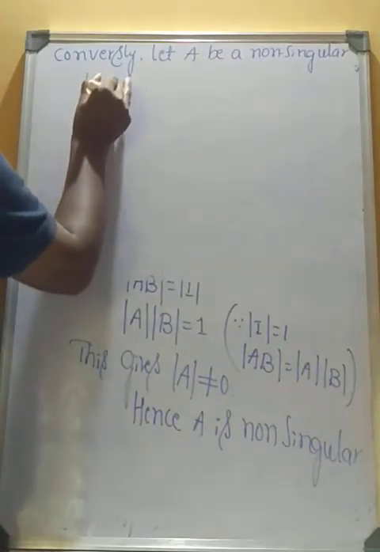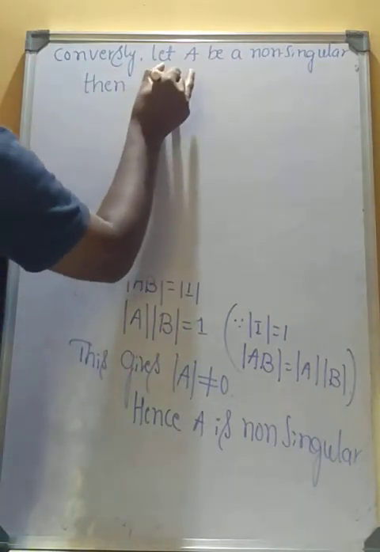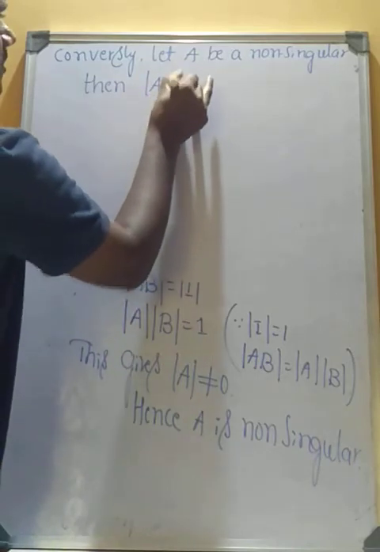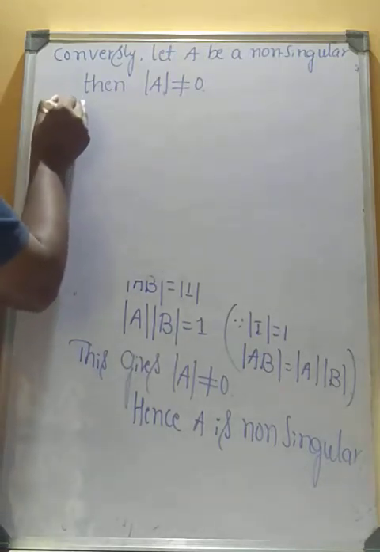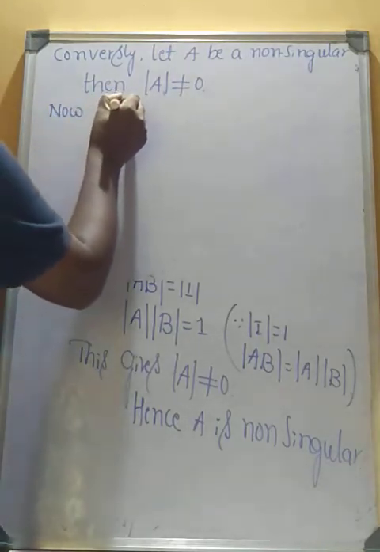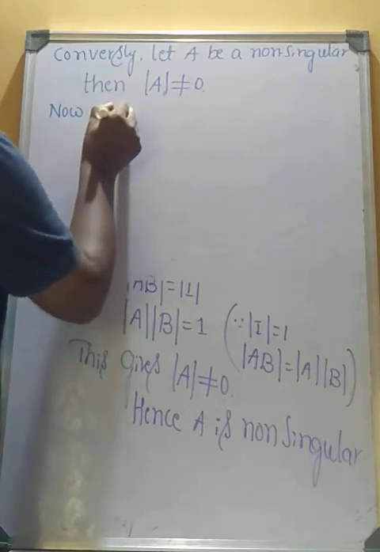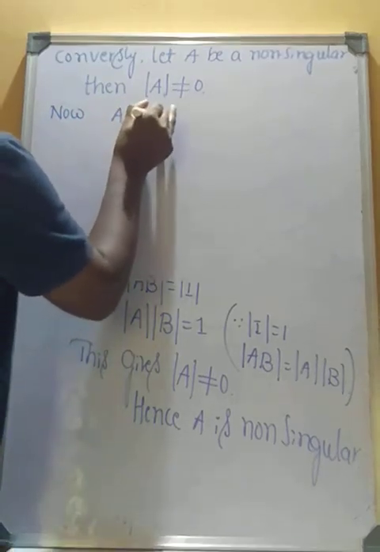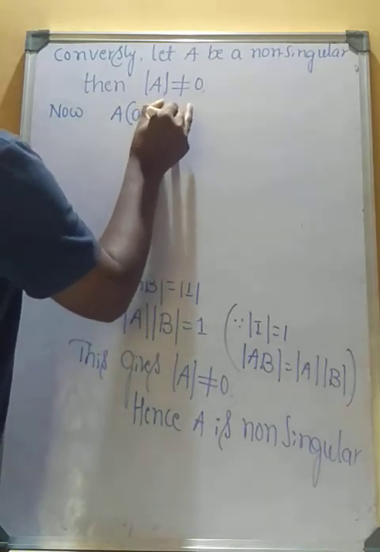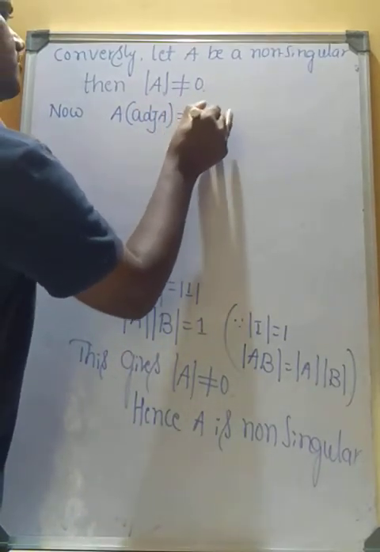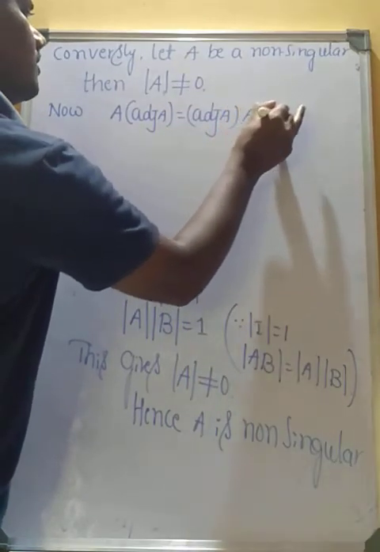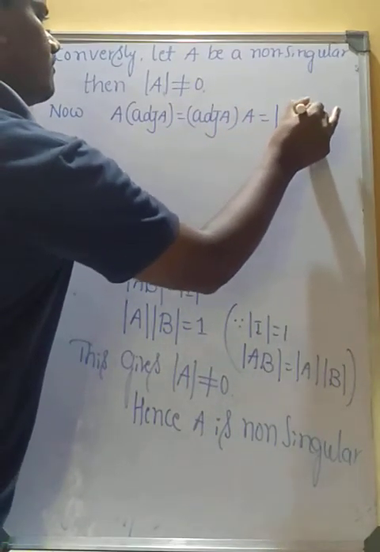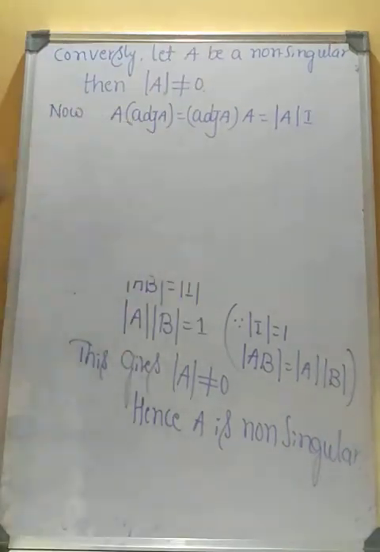Then determinant of A is not equal to 0. So now, you know the relation A into adjoint A equals adjoint A into A equals determinant of A into I. You know this relation.